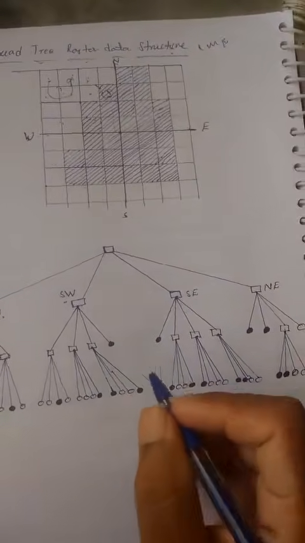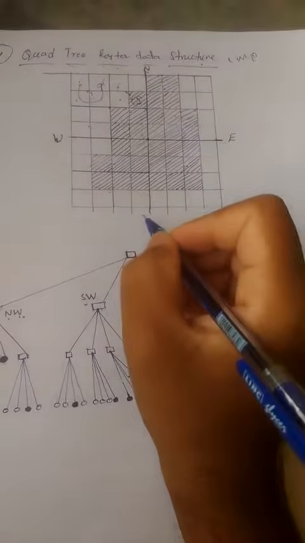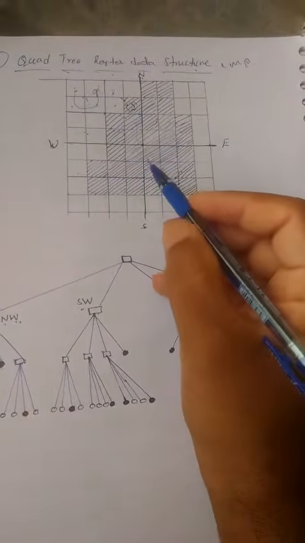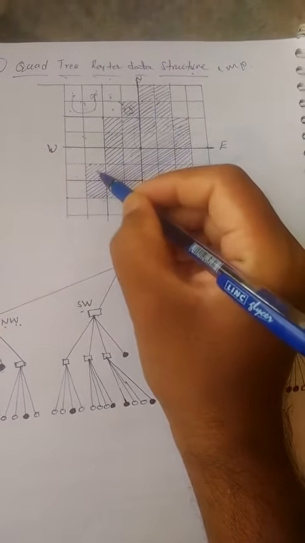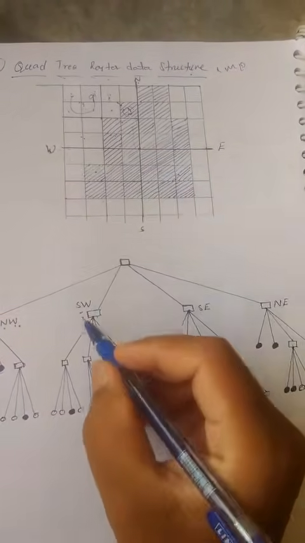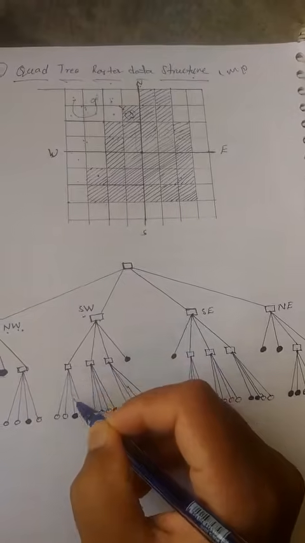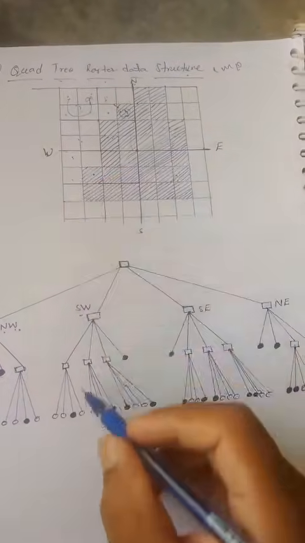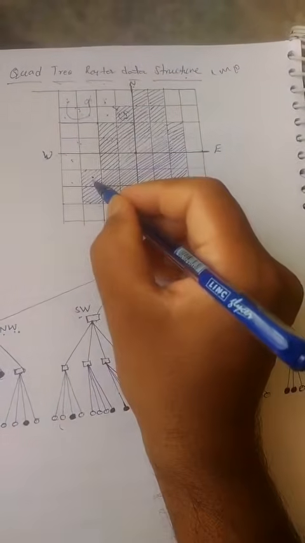Similarly, see the southwest. This one is the southwest. Initially it is also sharing one boundary. The first one: 1 2, it is not sharing anything, and the third one is sharing the boundary.